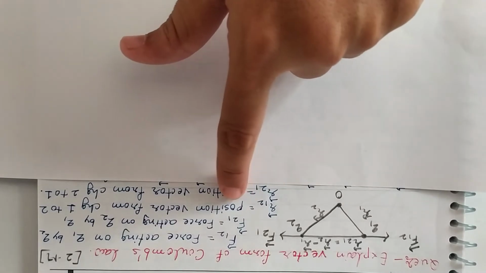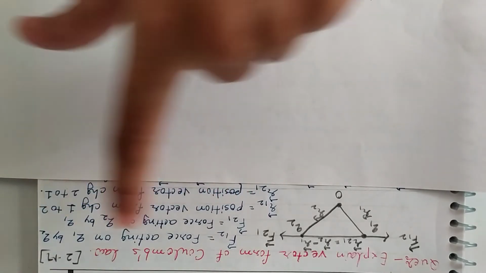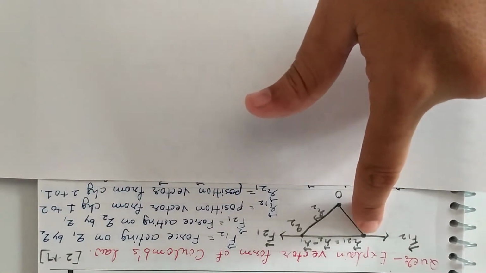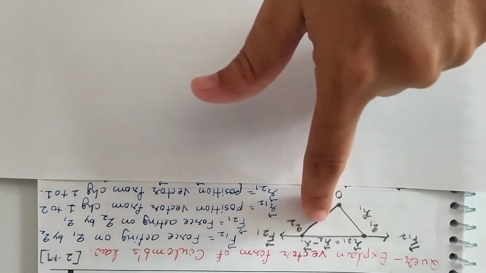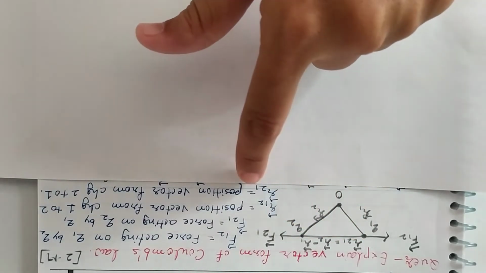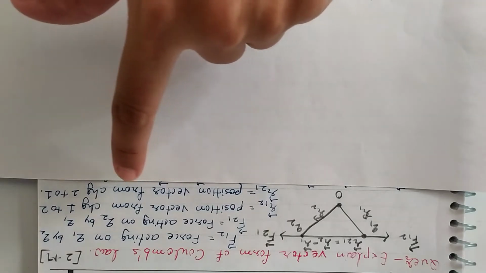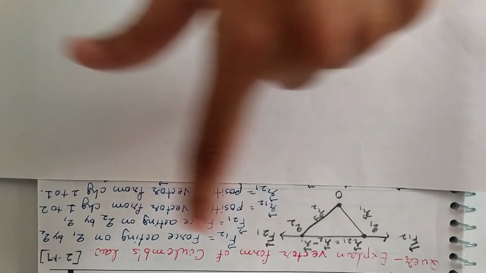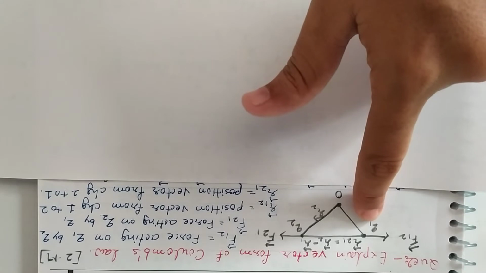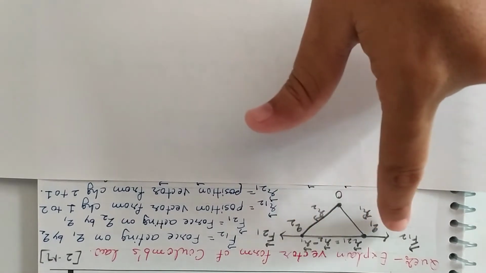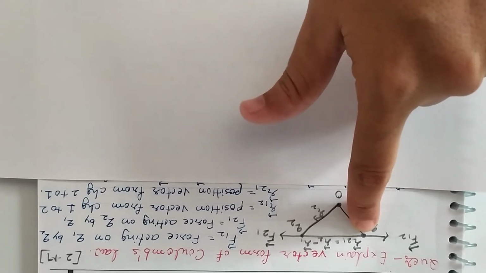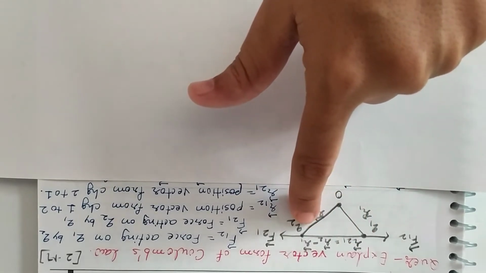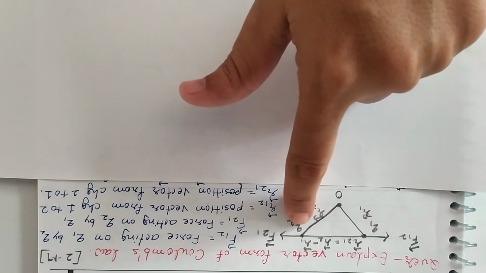R12 is a position vector from charge 1 to 2. If we are finding the distance of Q2 from Q1, we can write it as R12, while R21 shows the position vector from charge Q2 to Q1. If we are standing at Q1 and looking at charge Q2 at some distance, how can we define that distance?